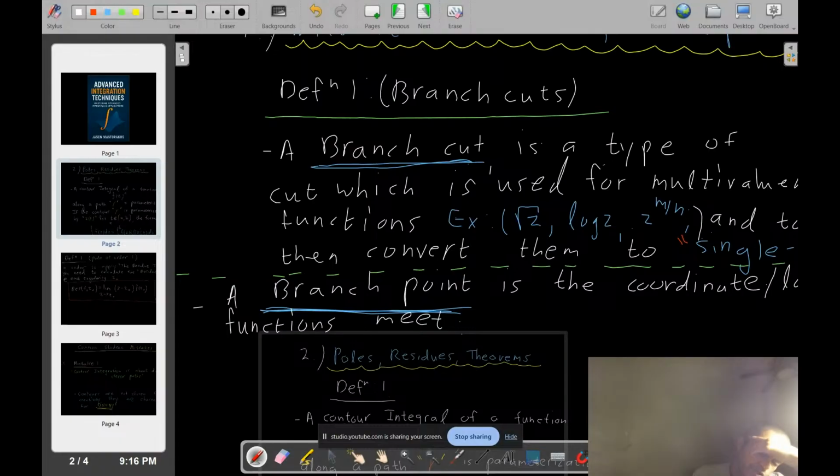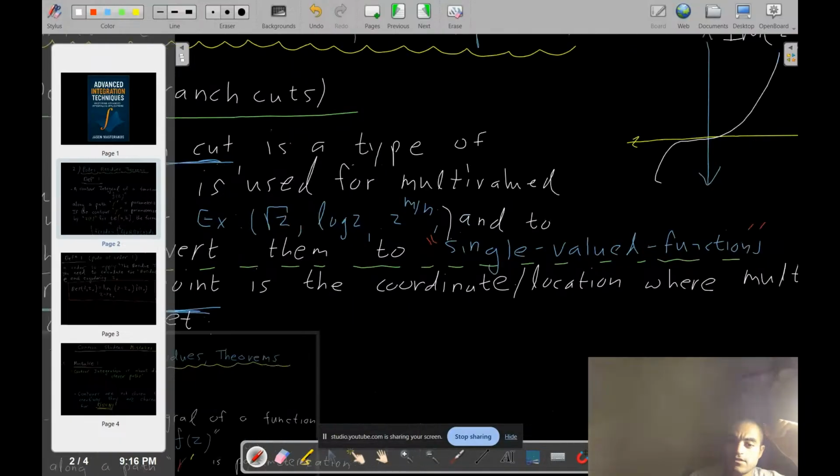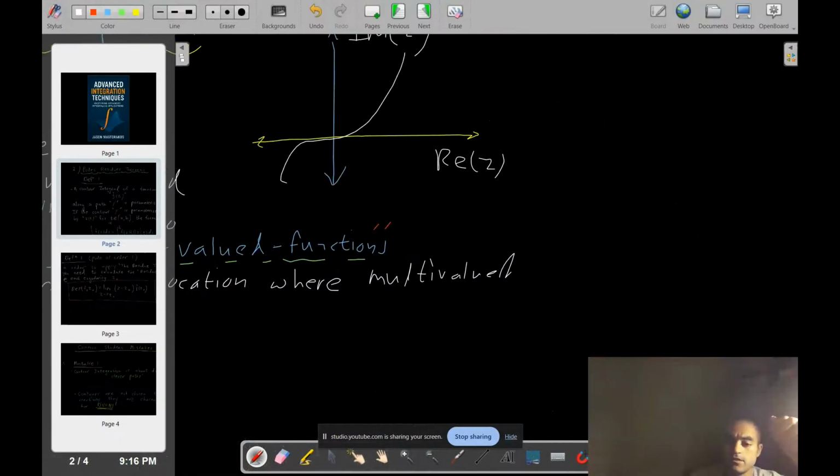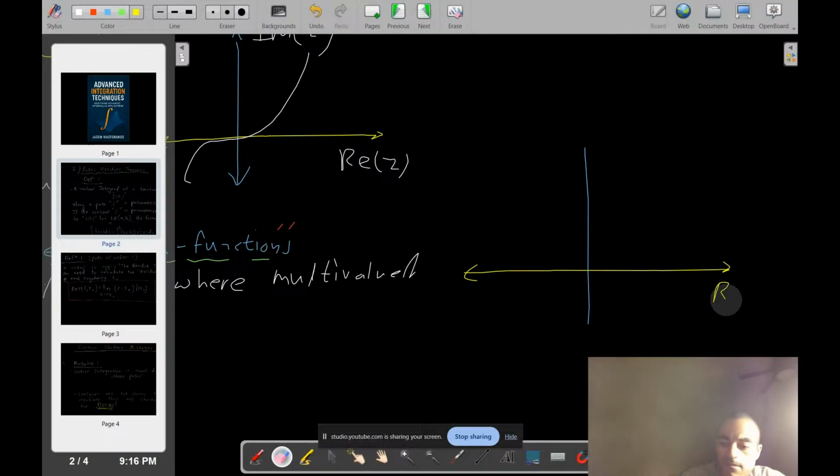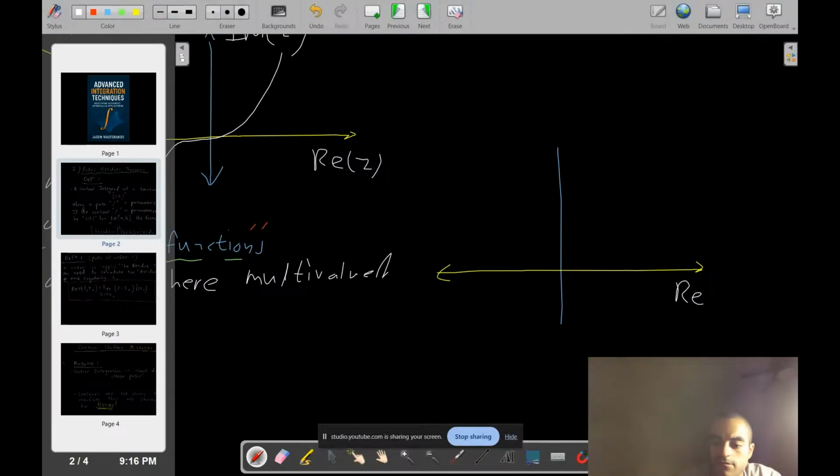I'm going to give you an example of branch points and branch cuts, using the graph on the side. Again, it needs to be on the real and imaginary axes. We're in the complex plane, so we have the real on the x-axis and the imaginary on the y-axis.